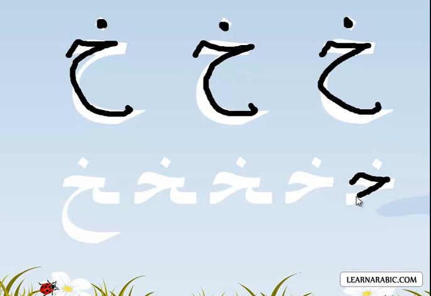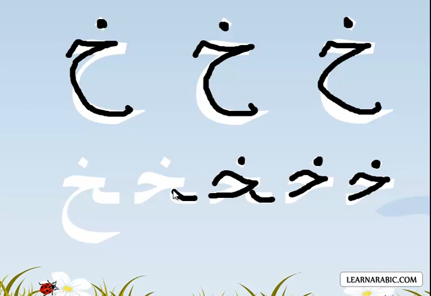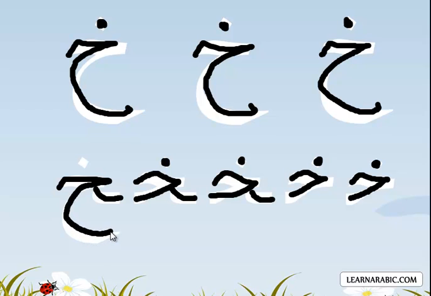At the beginning we see that it loses the main part of its body, and again at the beginning Kha, then in the middle it is joined to what comes before it, a dot at the top, once more Kha, and then finally at the end we see that the full shape comes back again, the dot at the top. So this completes our second family of 3.